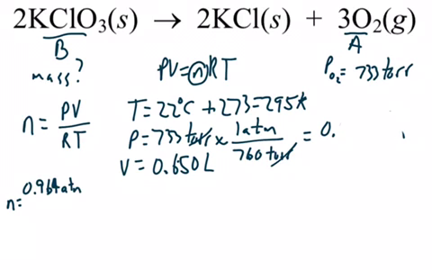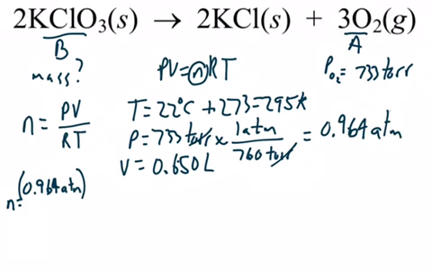I put the wrong number here. If you divide by 760, it's not 0.992, it's 0.964. I wrote it correctly down here. So it's 0.964, so fix that.